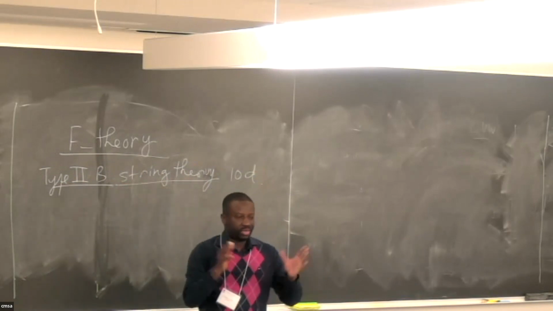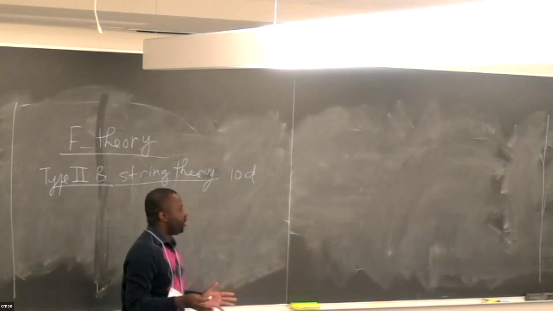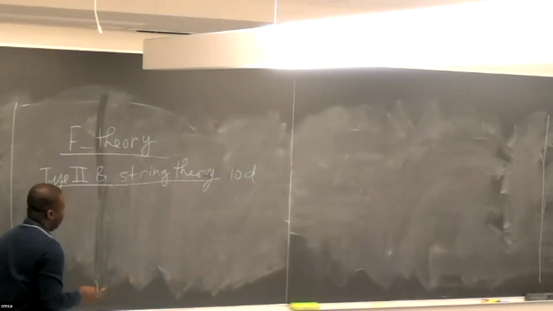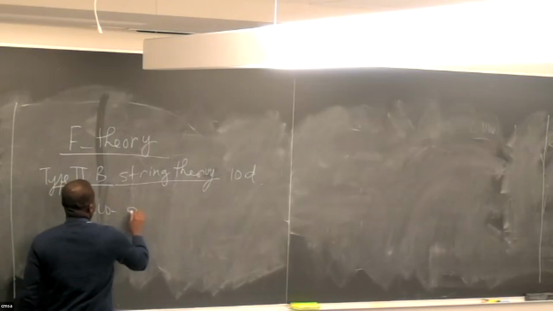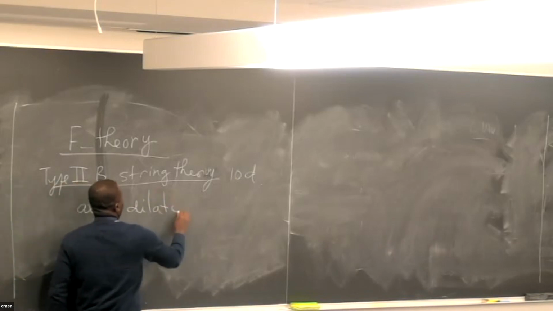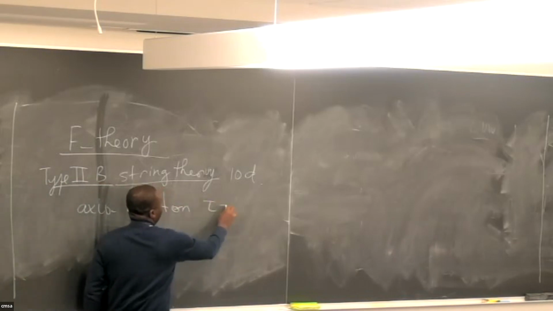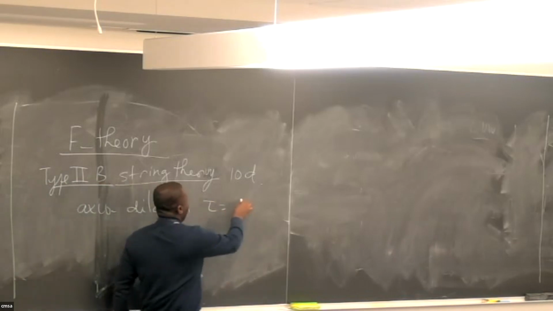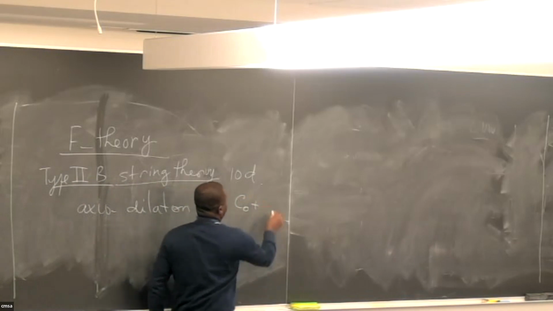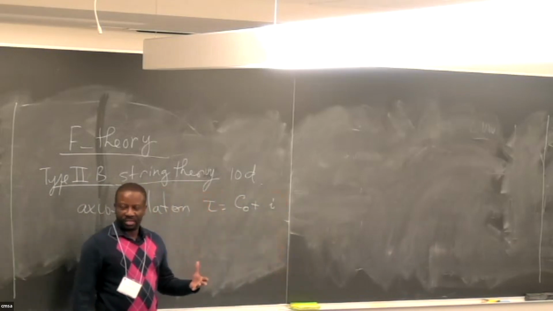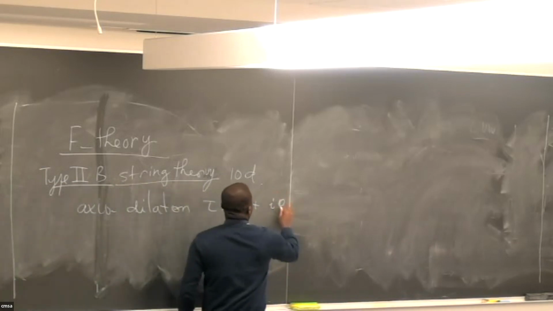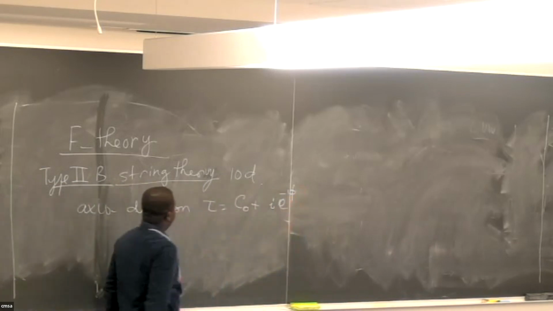And it has all kinds of fields, but in particular, it has scalar fields that you can express as what people call an axio-dilaton. So let's call it tau, and it has a real part and an imaginary part, which is always positive. And so we can express it with an exponential like that.